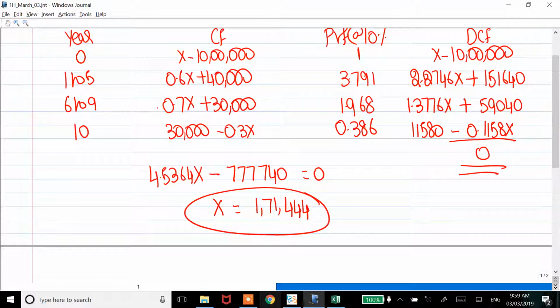You can just do the calculation and let me know whether that's the number.